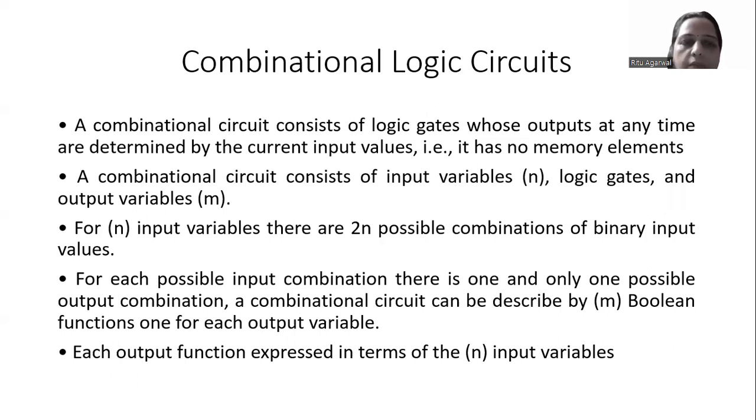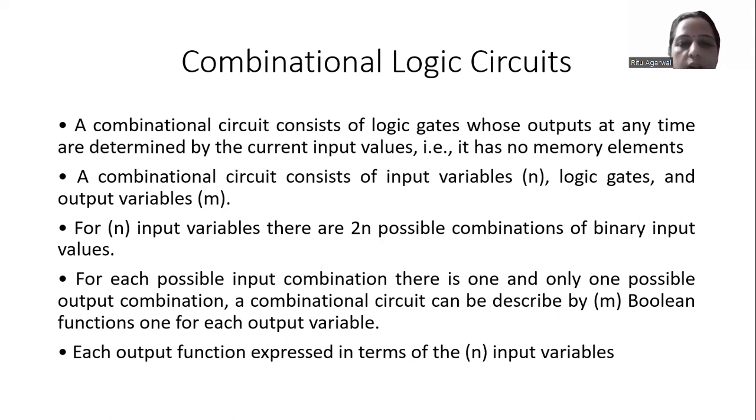If we have n input variables, how many possible combinations can there be? We have 2 to the power n possible combinations of binary input values, and for each possible input combination, there is one and only one possible output combination.